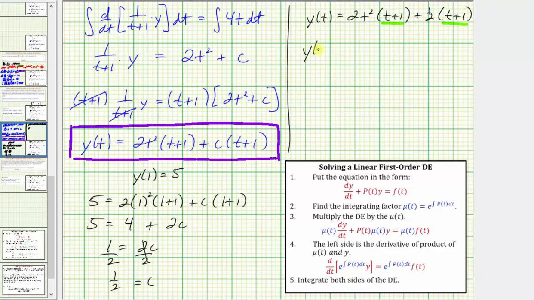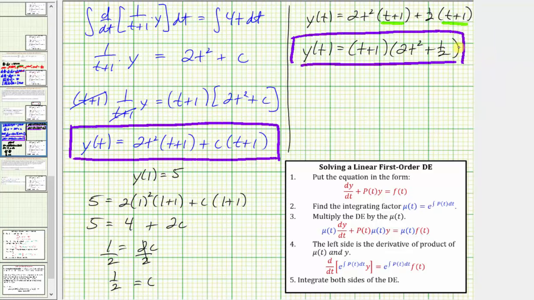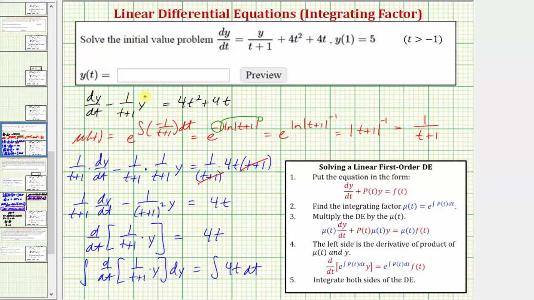So we'd have y of t equals the quantity t plus 1 times the quantity 2t squared plus 1/2. Let's go ahead and leave the particular solution in this form here. So going back to our first slide, the particular solution to the initial value problem is y of t equals the quantity t plus 1 times the quantity 2t squared plus 1/2. I hope you found this helpful.